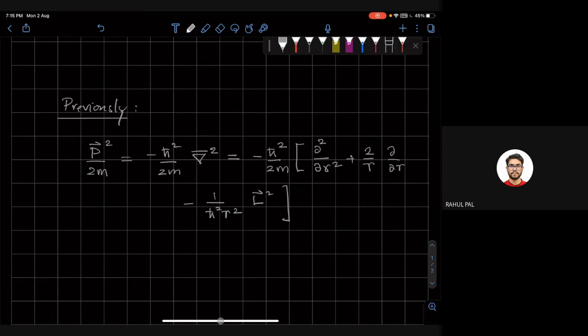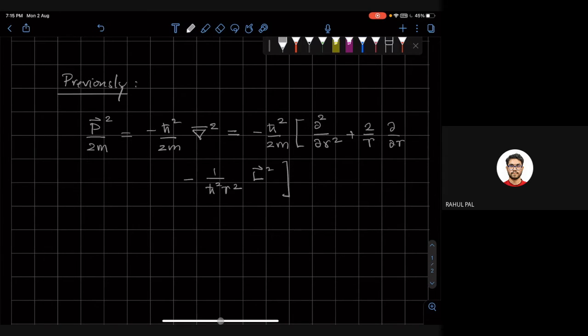So this is the relationship between the p squared and the del squared operator. Now, always when you see something like this, you will want to make sure that it's dimensionally correct. That's one of the easiest ways of making sure you didn't make an obvious mistake, right? So see that inside the bracket, everything has dimension of 1 over length squared.